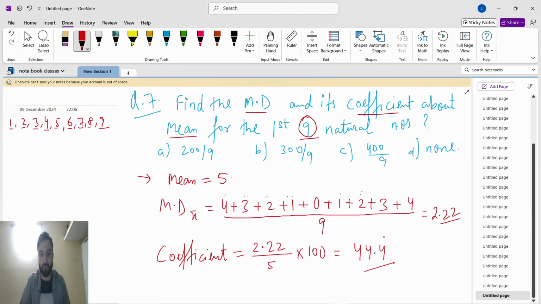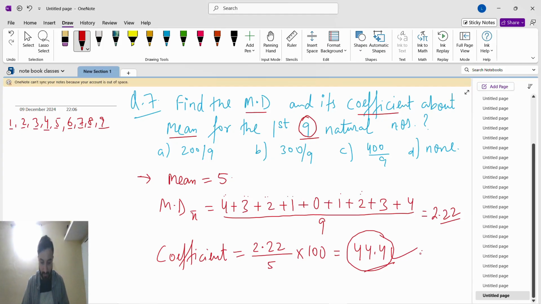So guys, see, we got 44.4, but the options are given in fraction. So don't worry, just simplify the options. Don't take none of these just because 44.4 is not given. The options are given in fractions, so simplify 200 by 9, 300 by 9, 400 by 9 and check in which you are getting 44.4. That will be the correct answer.